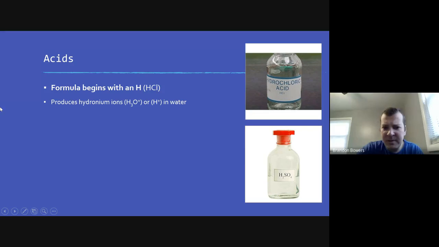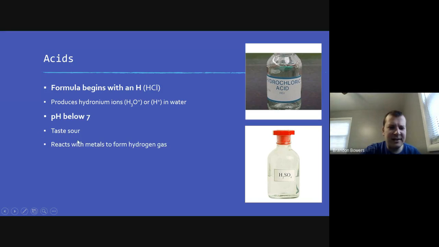So it produces hydronium ions, H3O or H+. Those two are the same thing. Okay. And the last one is pH. Now we're going to be talking a little bit more about pH today. pH is the amount of hydronium ions. So a pH below 7, that means it's an acid. Okay, that means it's an acid.